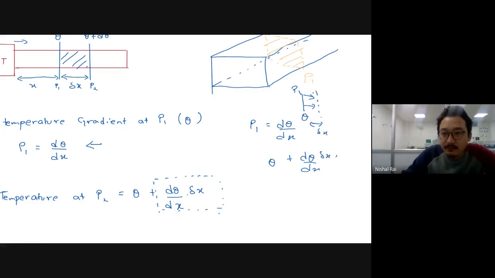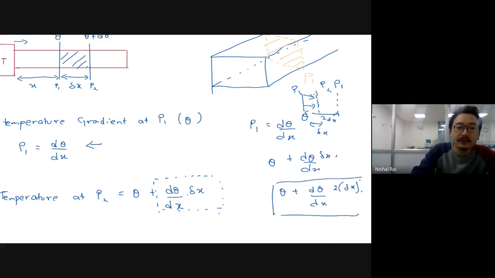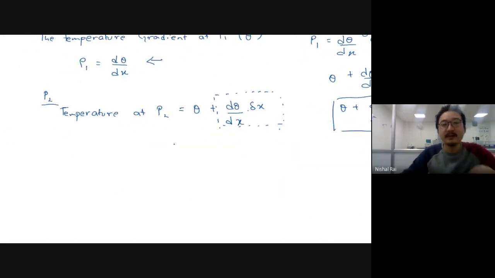So this will be the temperature at this point P2. Let's consider a point P3, which is at twice delta x. Then the temperature over there will be d theta by dx times twice delta x. So similarly, we can put this temperature over here as this one.